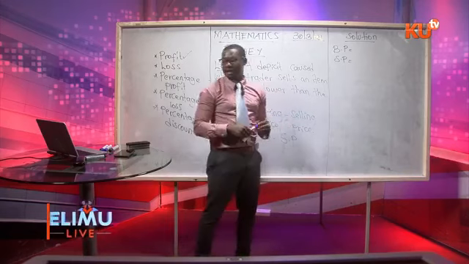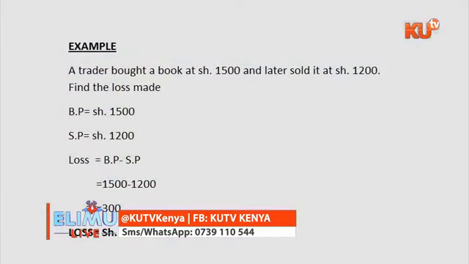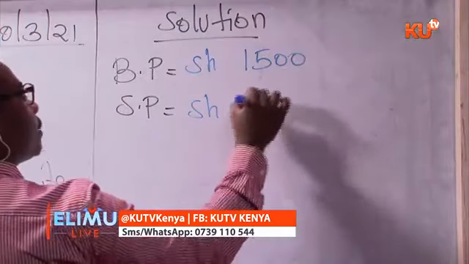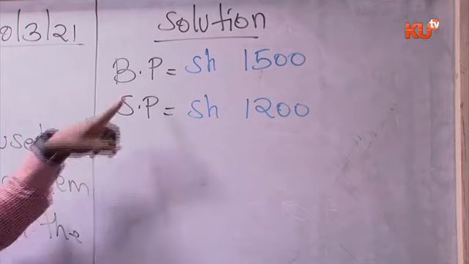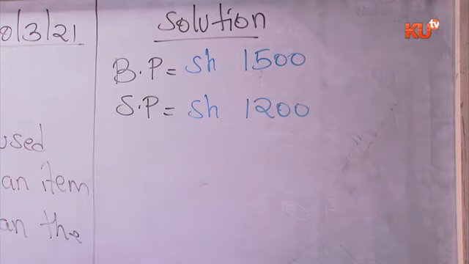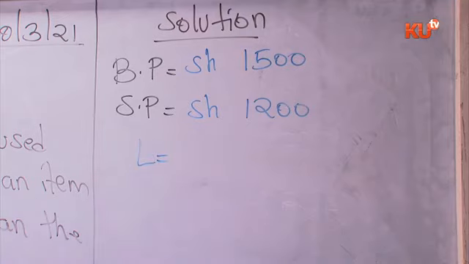The question said a trader bought a book at 1,500 shillings, so the buying price is 1,500 shillings. Then it was later sold, so the selling price is 1,200 shillings. So this is a book bought at 1,500 and later sold at 1,200. We need the loss. The formula for loss, we have found it here.